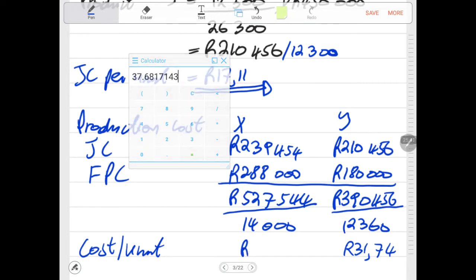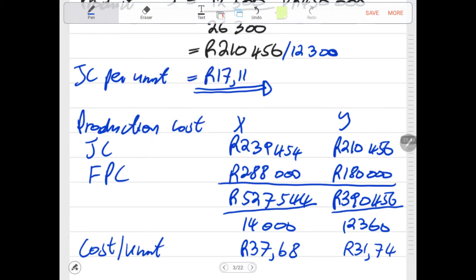This will be a total of 37 rand 68 cents. This will be our total cost per unit. At the same time, we know that total cost is made of joint cost plus further processing cost, which therefore means we could have calculated our further processing cost per unit, where we say 288,000 divided by 14,000, and 180,000 divided by 12,300.